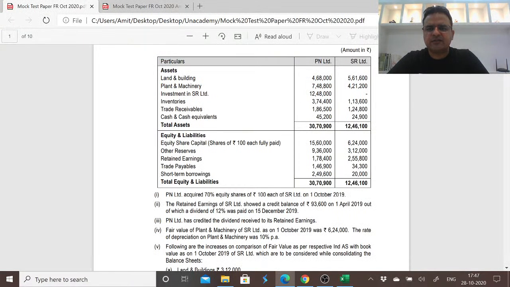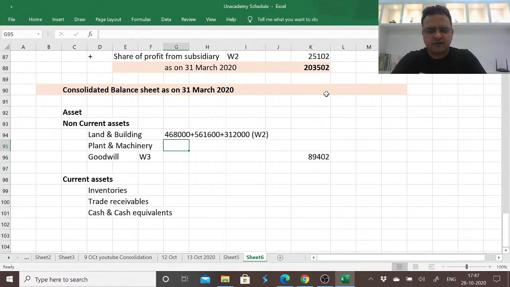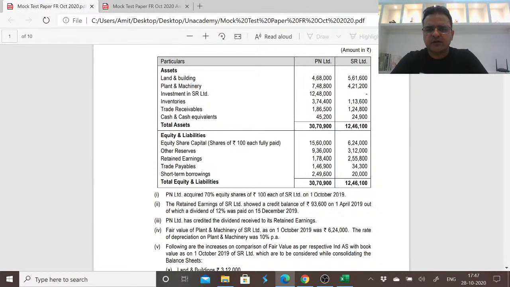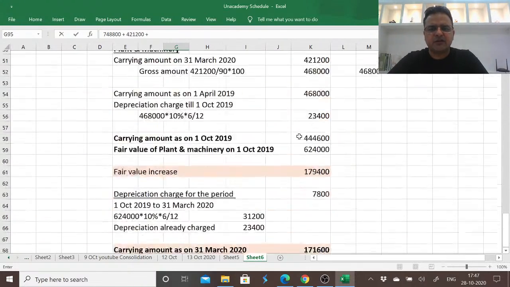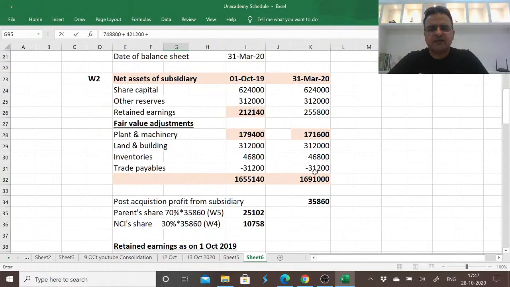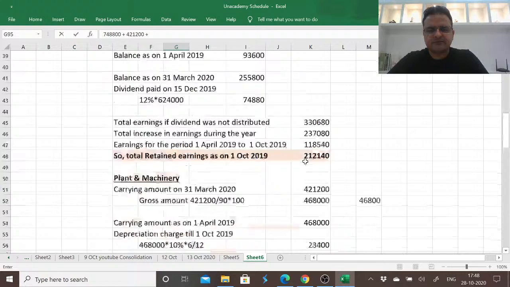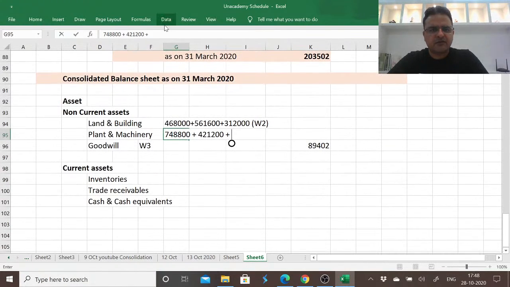Next is plant and machinery, 748,800 plus 421,200 plus plant and machinery value increase on the date of balance sheet, 171,600, working note number 2.